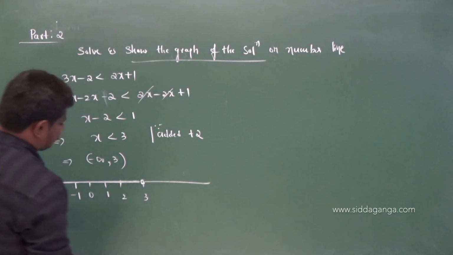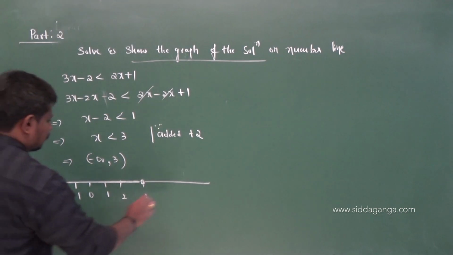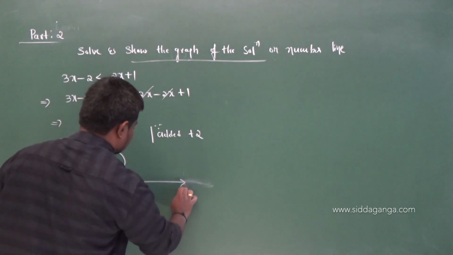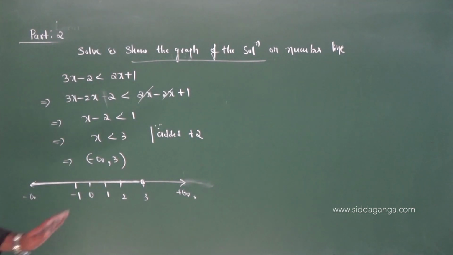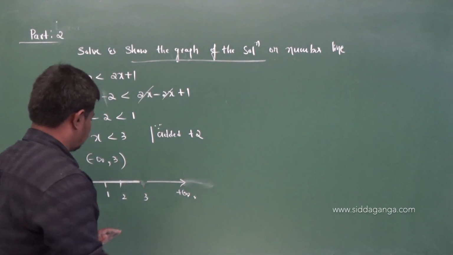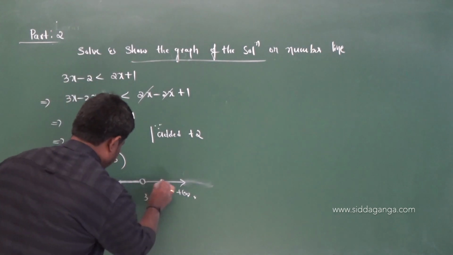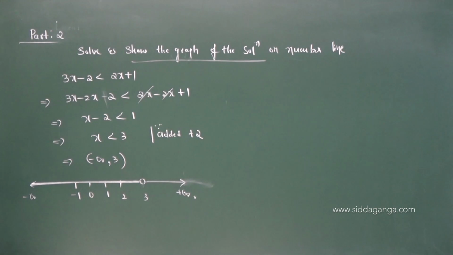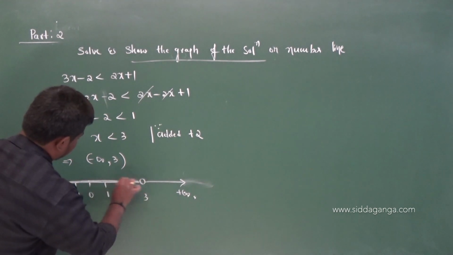This is your solution on the number line, the graph of the solution.